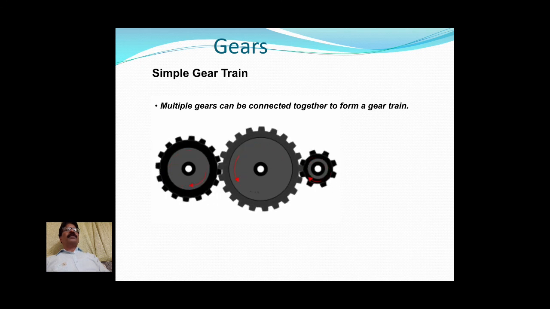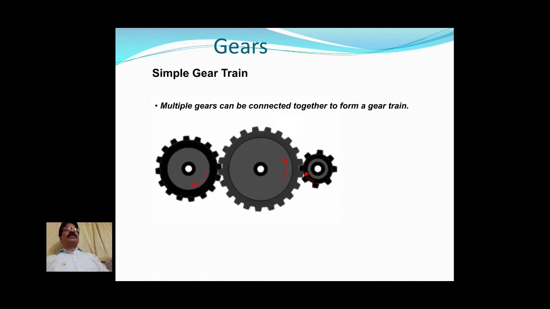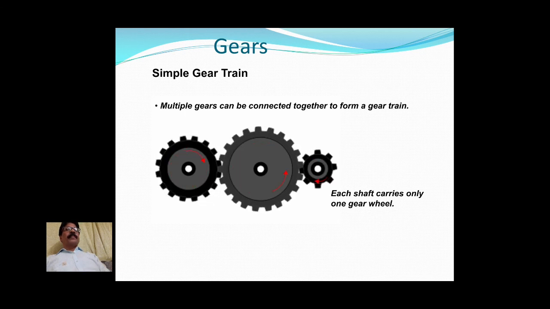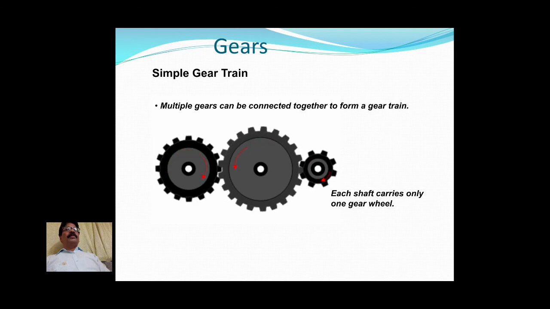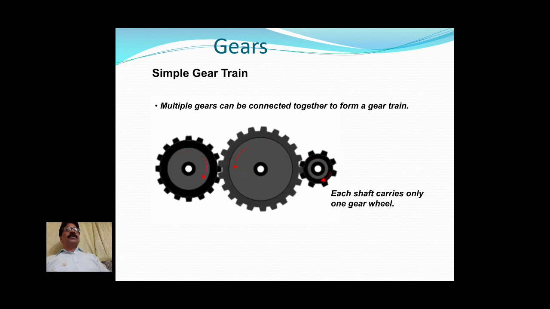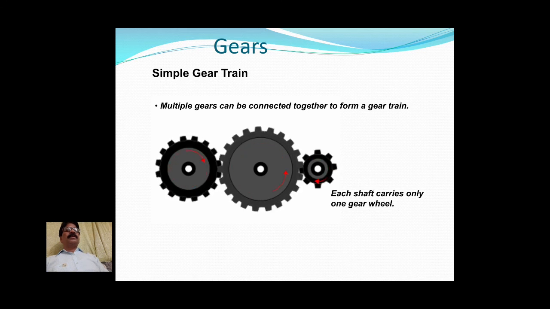So driver and driven gears have the same direction and the idler has the opposite direction. It is called the simple gear train. In a simple gear train, each shaft carries only one gear wheel.